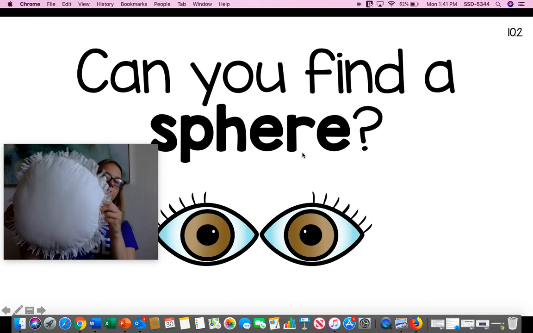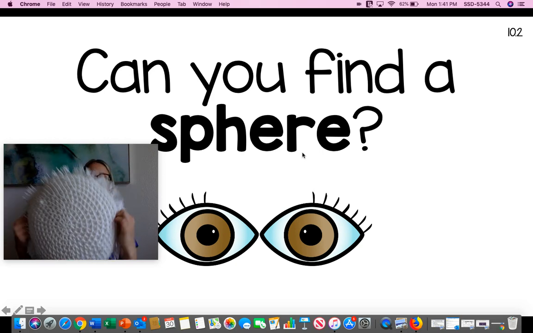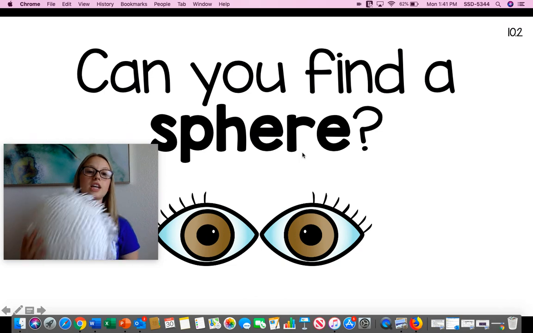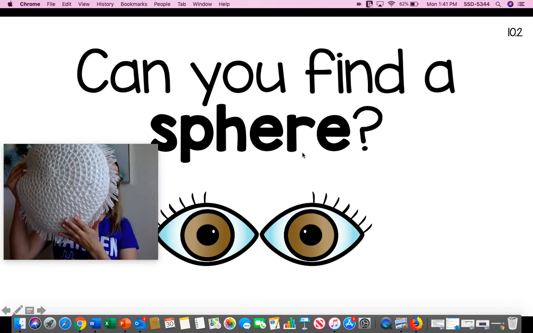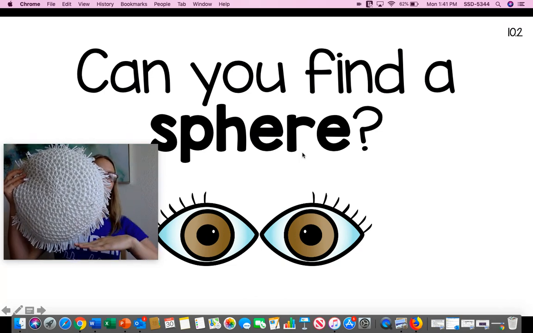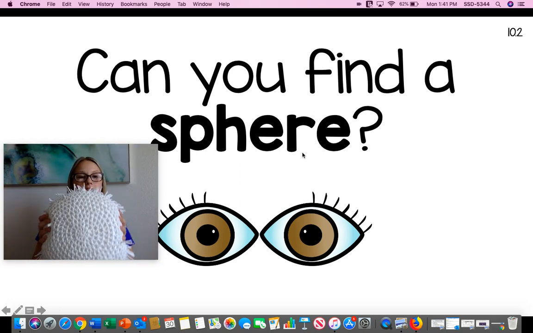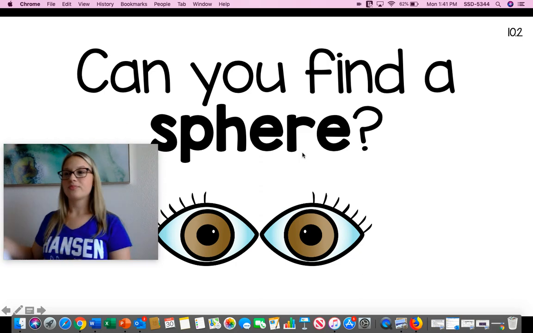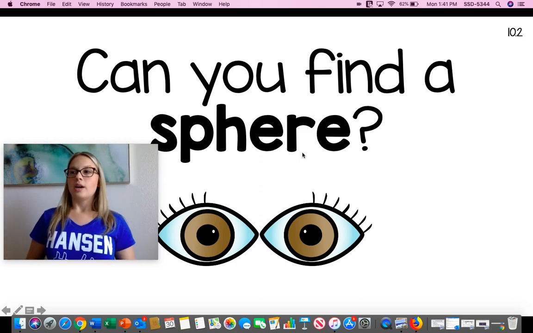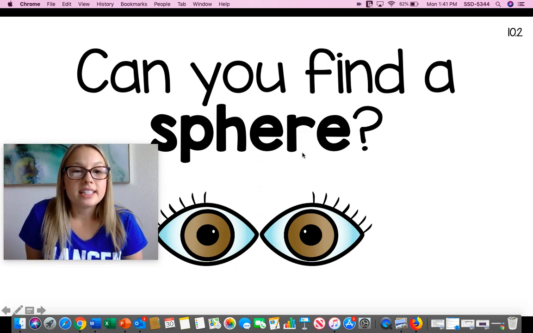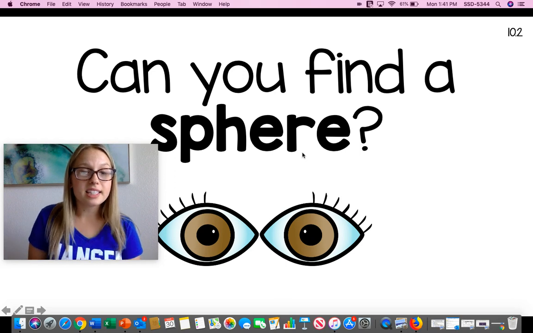Round and curved. And it's three-dimensional, right? It's solid. I can touch it. I can pick it up. I can measure how tall it is, how long it is, and how wide it is. That makes it 3D.